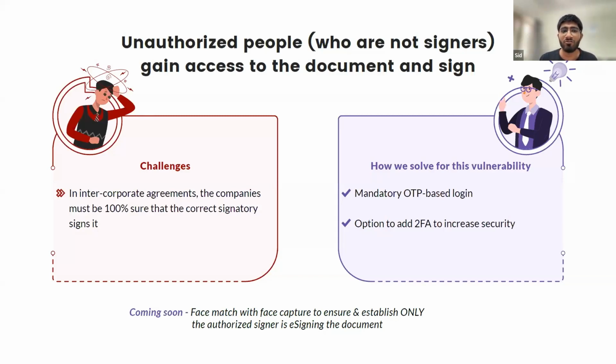So it's important that you use a software that has capabilities that protects against such situations, right? And there are two specific capabilities that we have that protect against cases like this. One is a mandatory OTP based login before you even get to document preview, and another is a two-factor authentication that balances fraud with efficiency, right? So let's have a look.